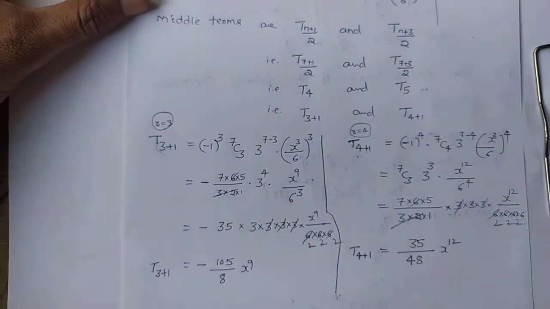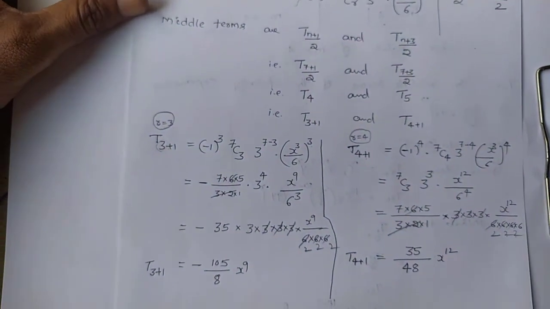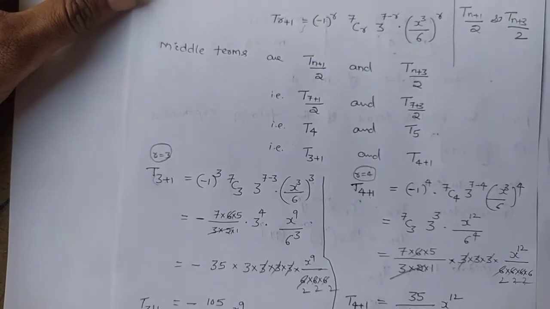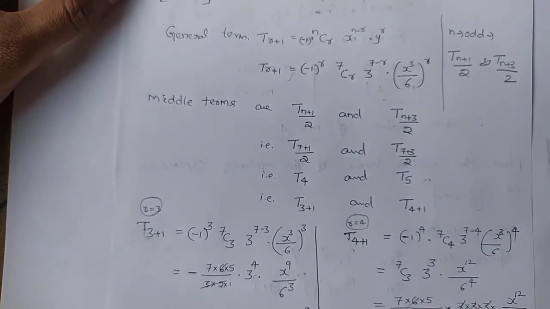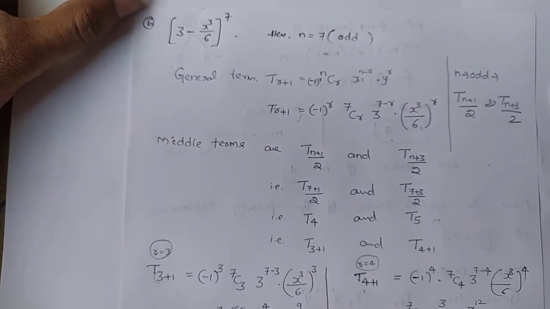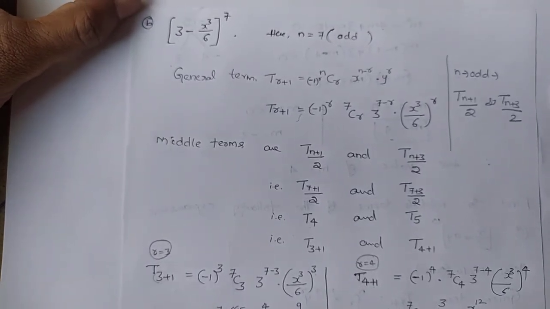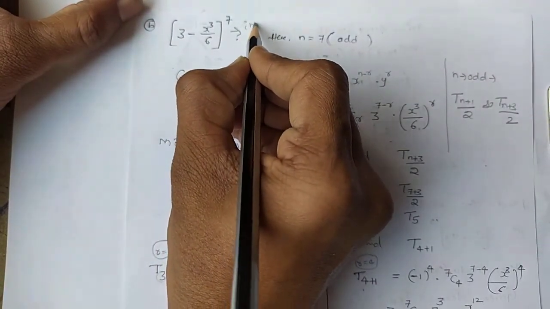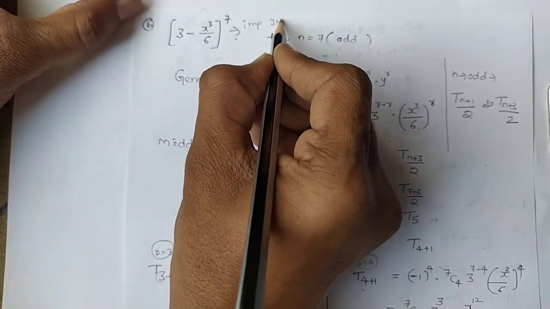Okay, do you understand? Now I will just scroll down this sheet. You just make a note of this question. This question is important for 3 marks.